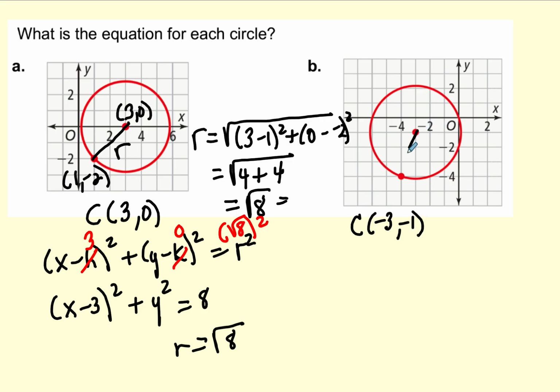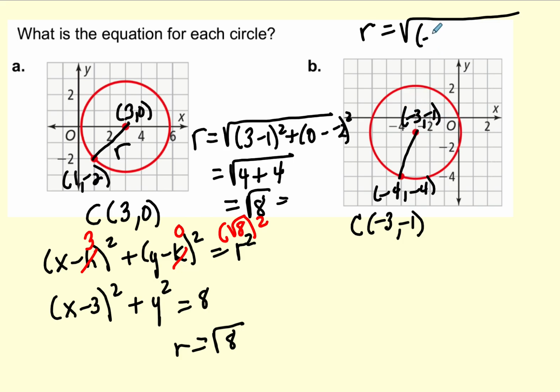And again, I'm going to have to figure out my radius. So I'll go up here, radius equals the square root of, this point is -4, -4, and then this point was -3, -1.